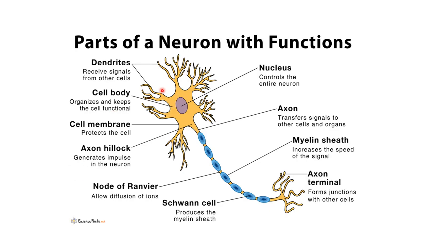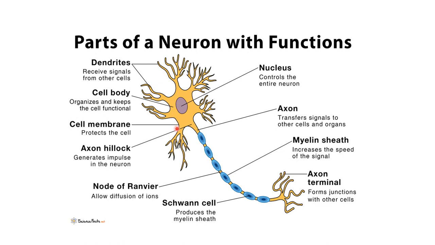So here you can appreciate these are the dendrites, which receive signals from other cells. This is the cell body, which keeps the cell functional. Then here a big nucleus, which is controlling the entire neuron.